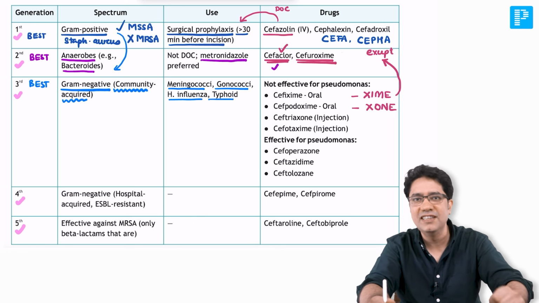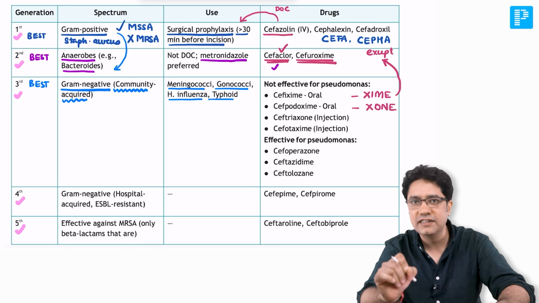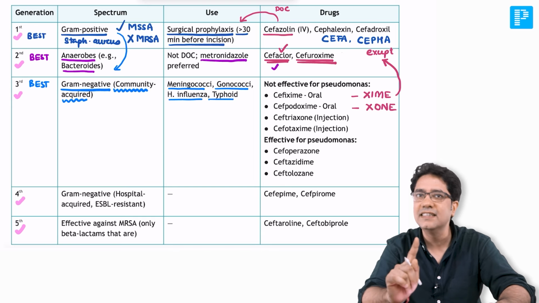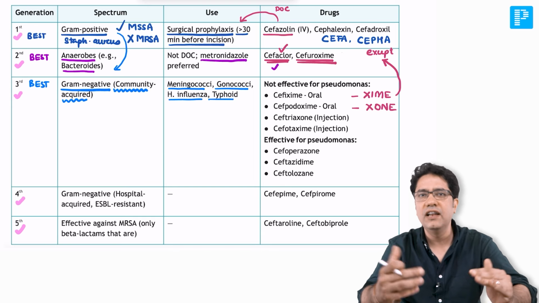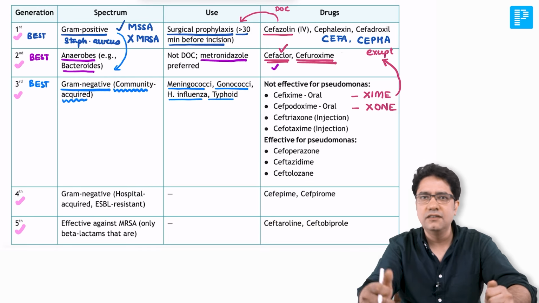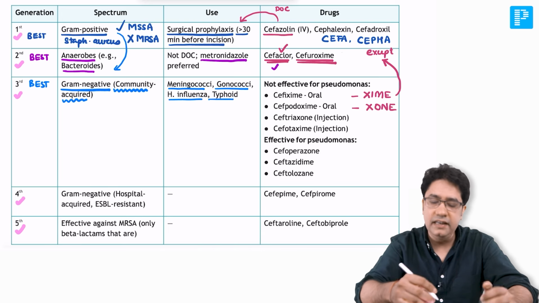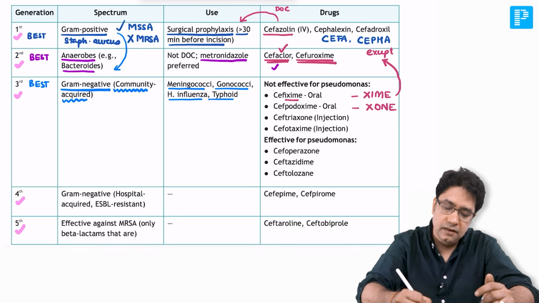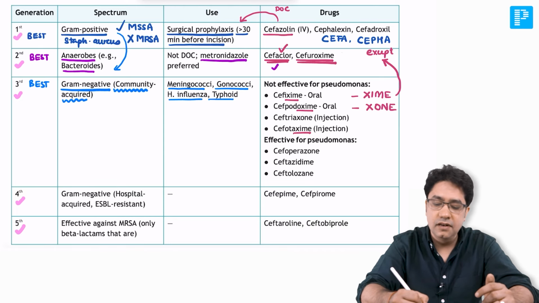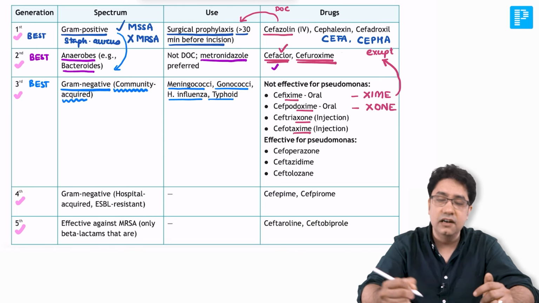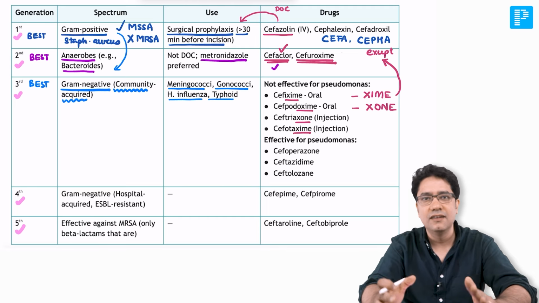Try to remember these two cephalosporins: cefuroxime ends with zime, but it is second generation. If I ask you about a drug like cefixime, the zime word is coming. Similarly, cefoperazone, cefotaxime, and a very famous drug ceftriaxone. So they are third generation.